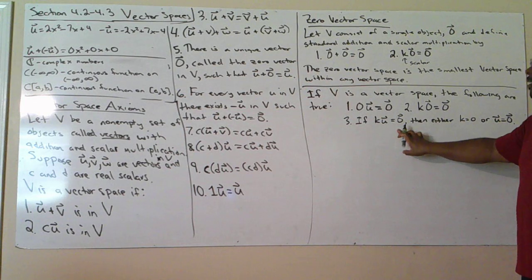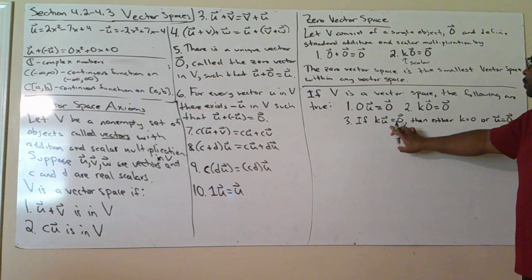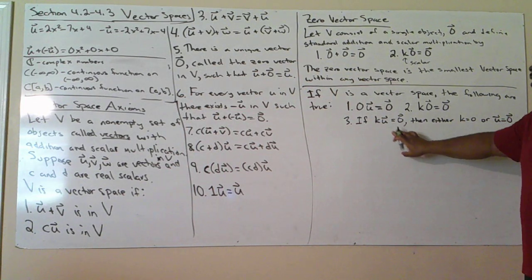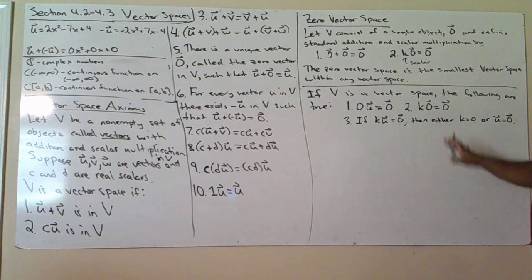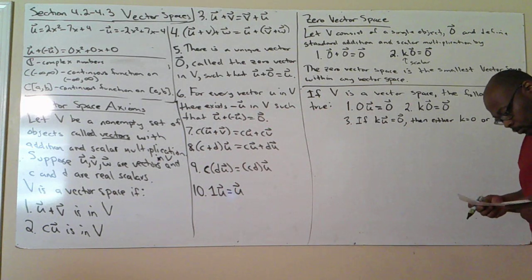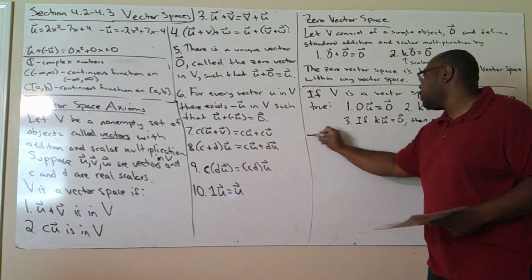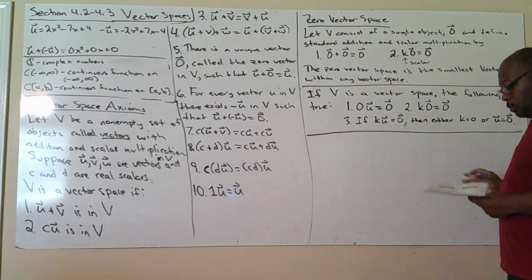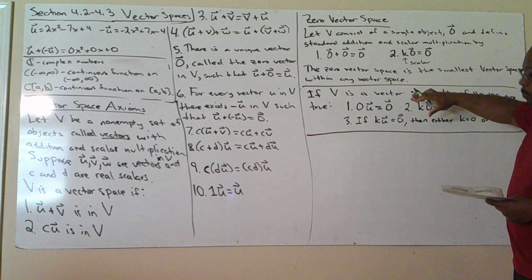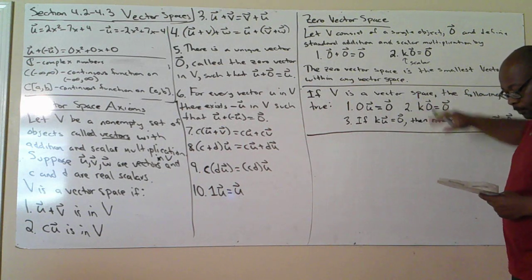If k times u is equal to the zero vector, then either k is equal to 0 or u is equal to the zero vector. One of these has to be true, or maybe both of them are true, right? But when we say or, this is the inclusive or, not the exclusive or. All right, very, very good. And this is one of those properties that we're going to actually use later on, in just a second.